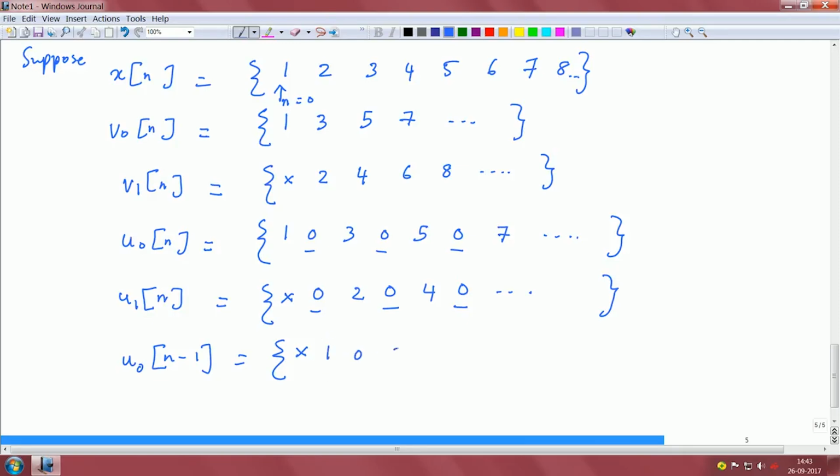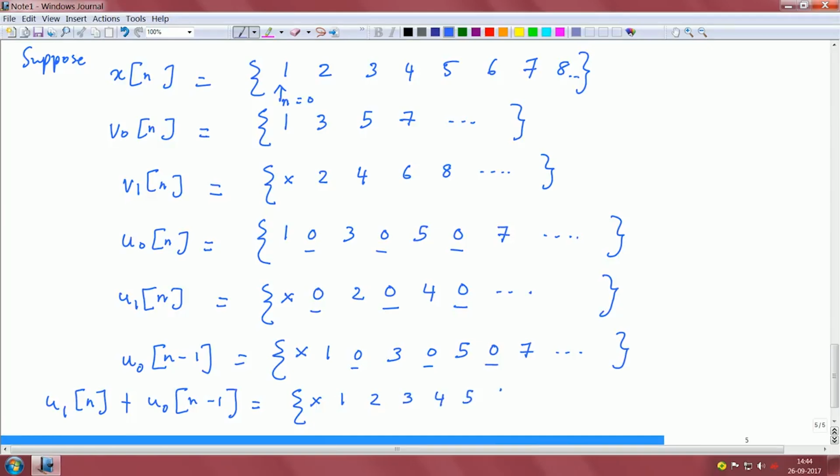So I have 1 0 3 0 5 0 7 dot dot dot, and then I take u1 of n and I add it with u naught of n minus 1. I get some value, I call it dummy x. Then I have 1 2 3 4 5 6 7, I just can reconstruct my sequence.